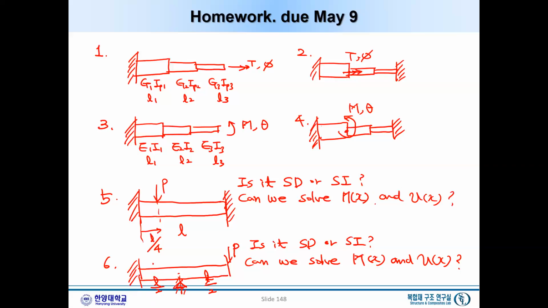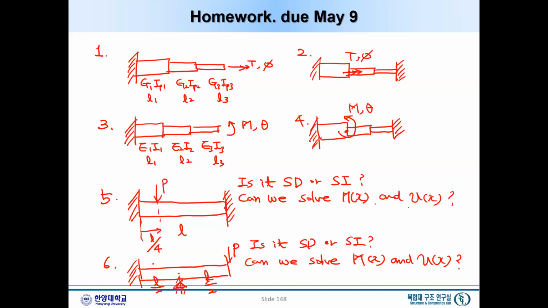If you want to, you can study the next sections further, and you can go ahead and try to solve moment M(x) and V(x). You are welcome to solve them by studying the next section, but if you don't, you don't have to.